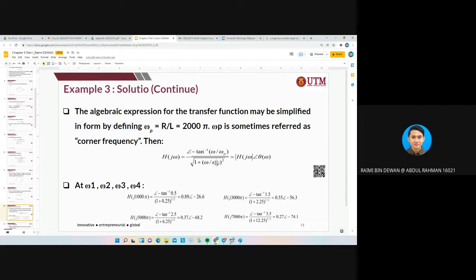Because it is to the power of 2, 1000 pi divided by 2000 pi is actually a half, 1 over 2, so you have 0.5, and then you square it, you get 0.25. So that's why you have 0.25 here. And then this half comes from the square root. So you have 0.89 phasor negative 26.6. This is the angle.